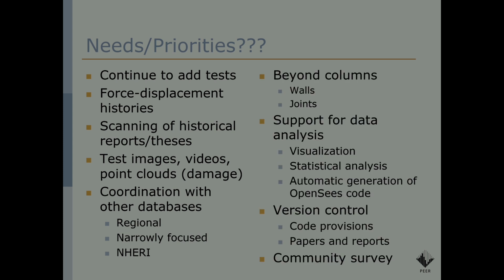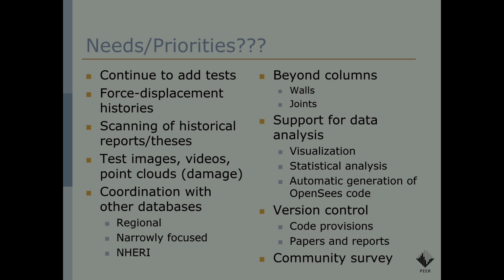Or should we say, you know what, we're done with columns. We'll add a little bit more, but we really need to be looking at walls and joints and other things, because those are important. So columns are the most common source of failure in reinforced concrete buildings, but other things, of course, are important as well. Or should we actually say, no, we need to provide tools to allow people to look at this statistically.